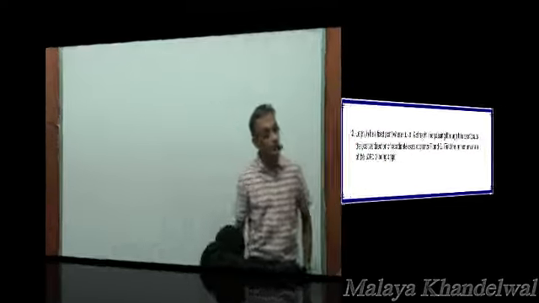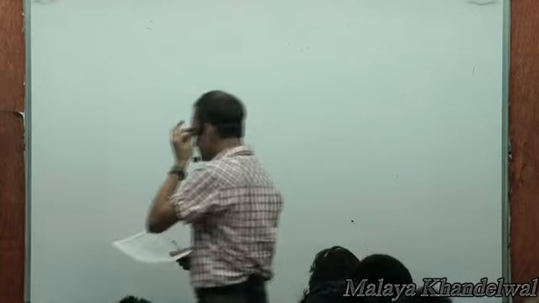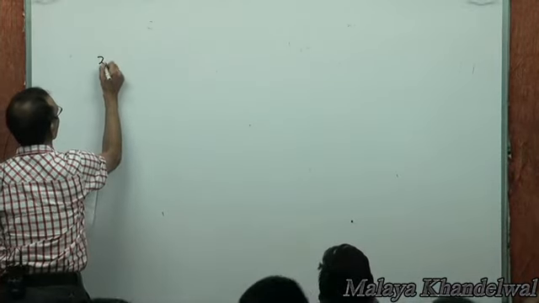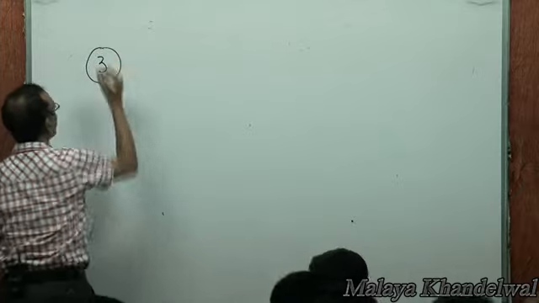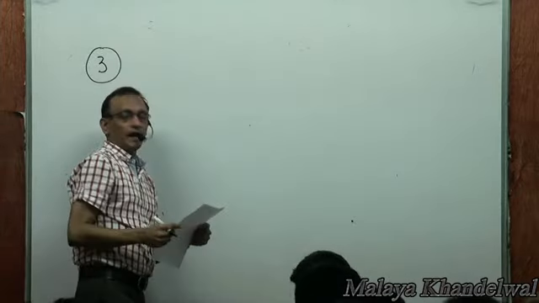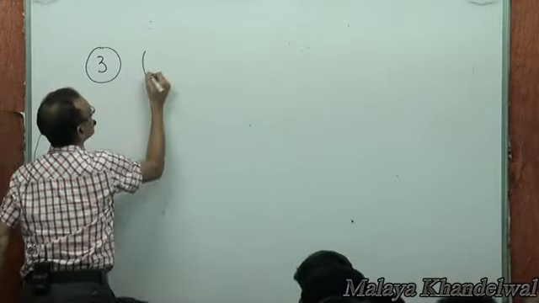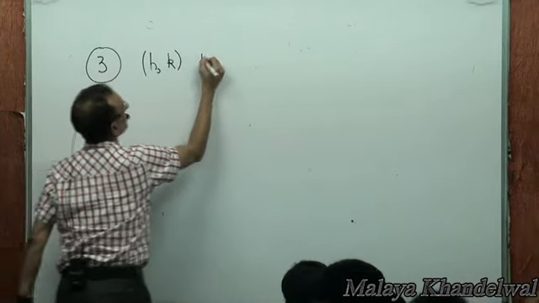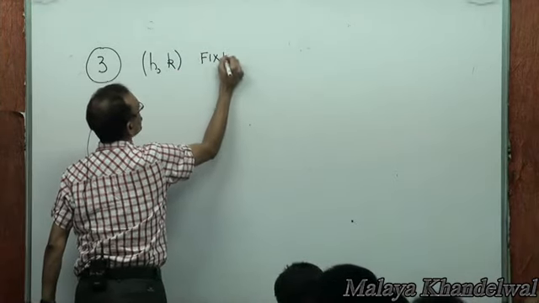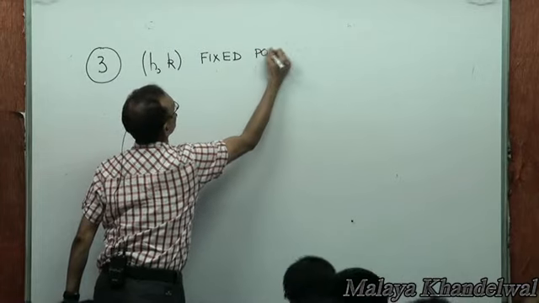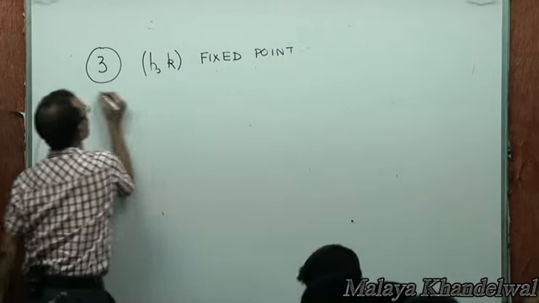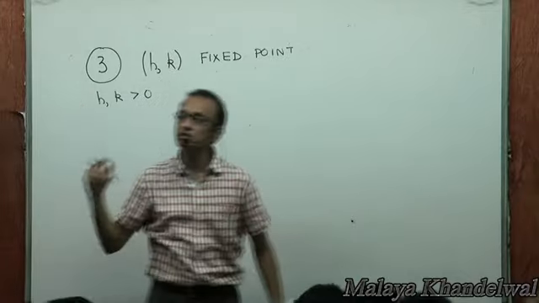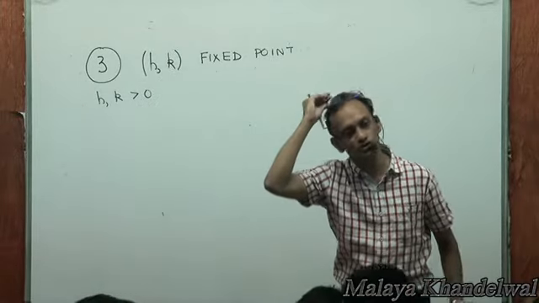Problem now. Let's look at the third problem. Now HK is a fixed point in the first quadrant. Fixed point. And they say that both H and K are positive numbers. So HK belongs to the first quadrant. It's a known fixed point in the first quadrant, right?